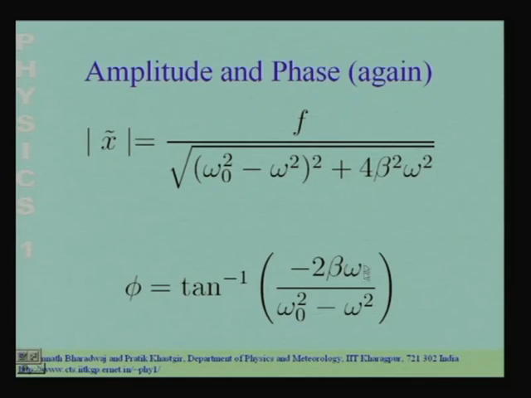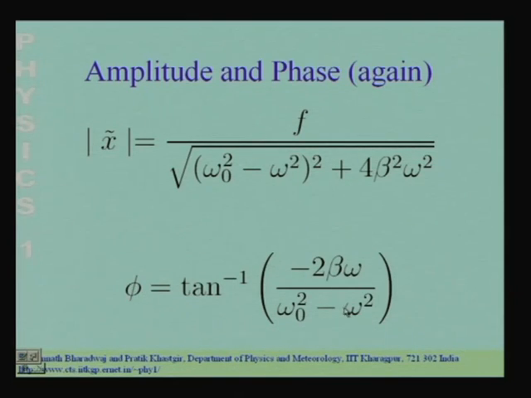Now, when you increase omega slightly, then the phase phi is the tan inverse of a negative number, which also is a negative number. So, as you increase the frequency slightly, the phase changes from 0 and it becomes negative. So, there is a negative phase of the motion relative to the external force.